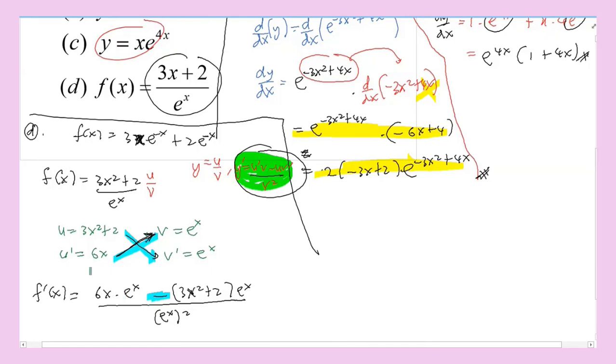That's why make sure you remember U prime first. That's the idea.